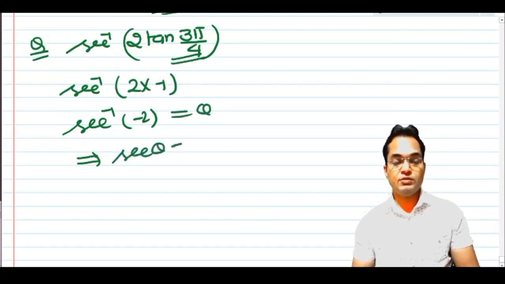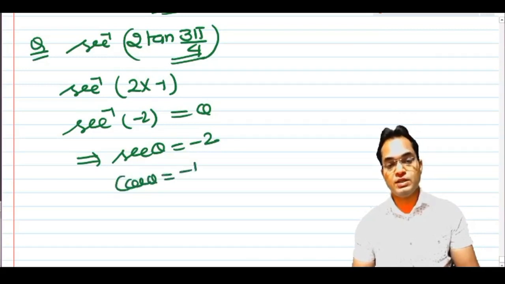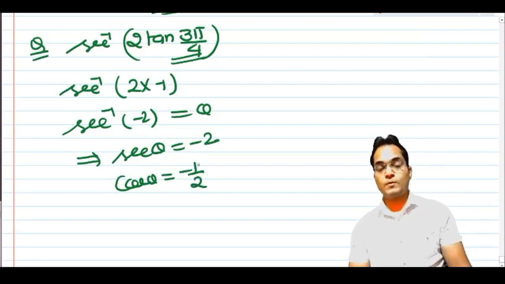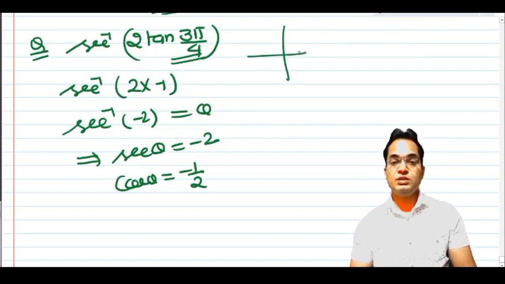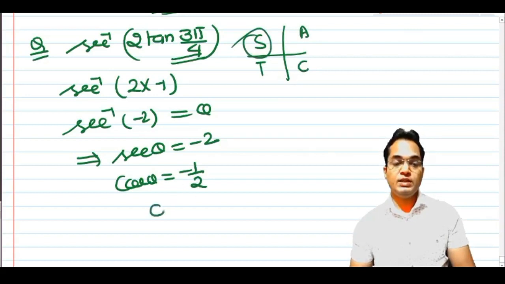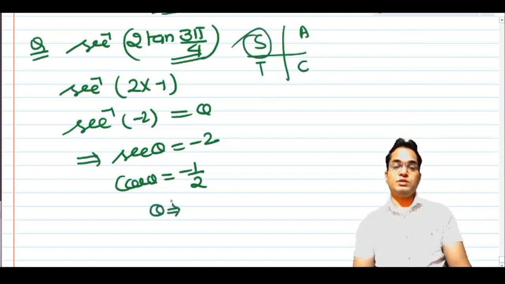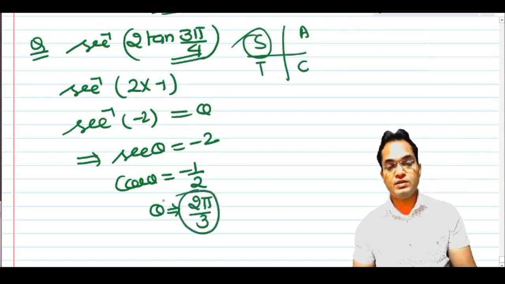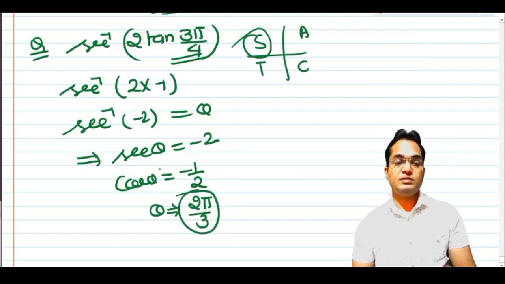That's why sec theta equals minus 2, so cos theta equals minus 1 by 2. Where is cos theta minus 1 by 2? By the ASTC rule, in the second quadrant, the value of cos theta equal to minus 1 by 2 is 2 pi by 3, 120 degrees. Means sec inverse minus 2 equals 2 pi by 3.